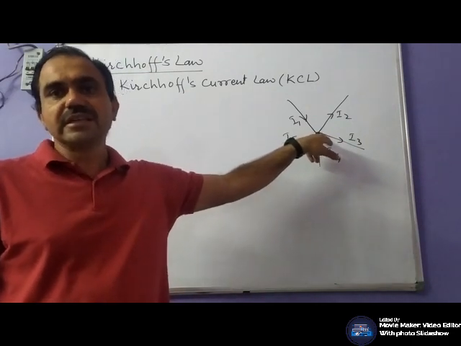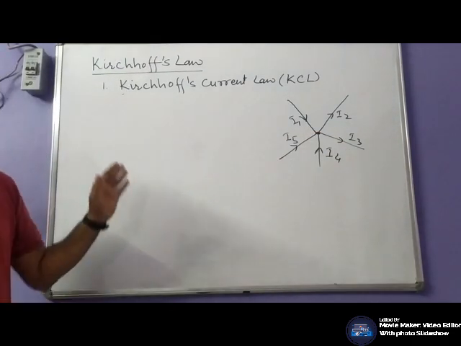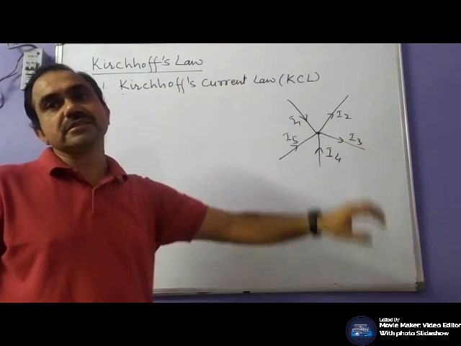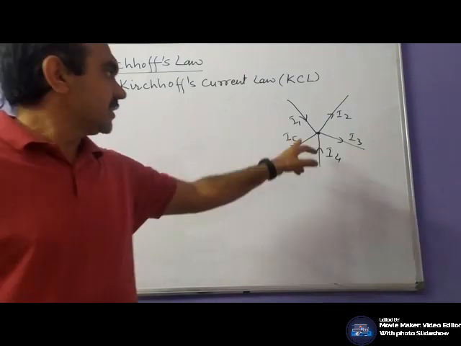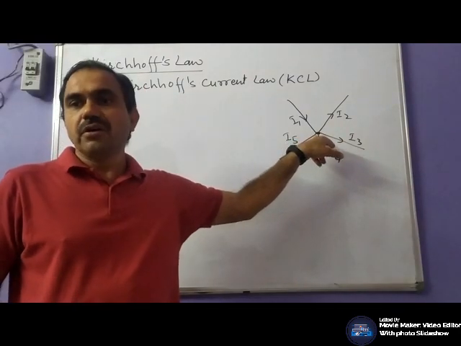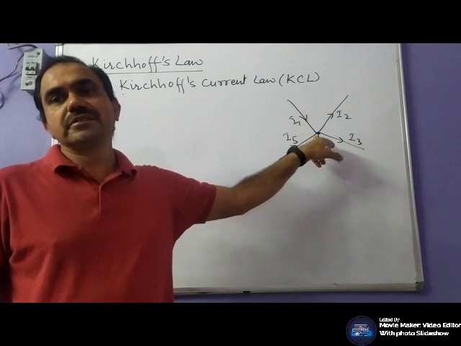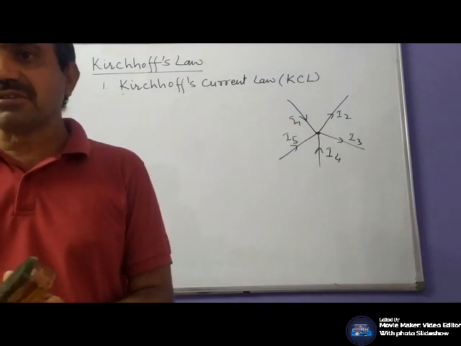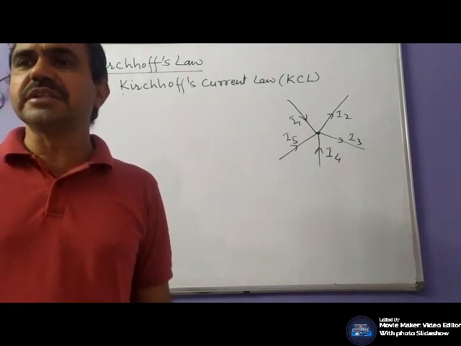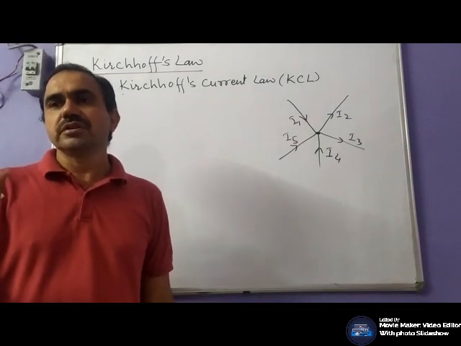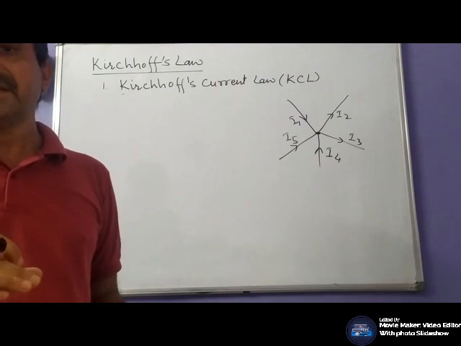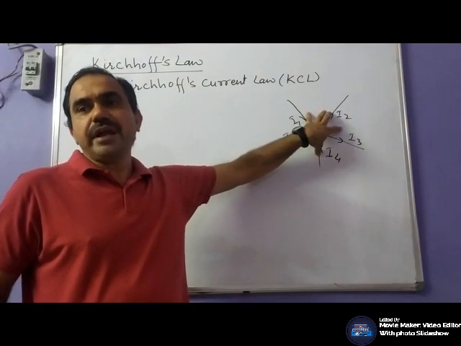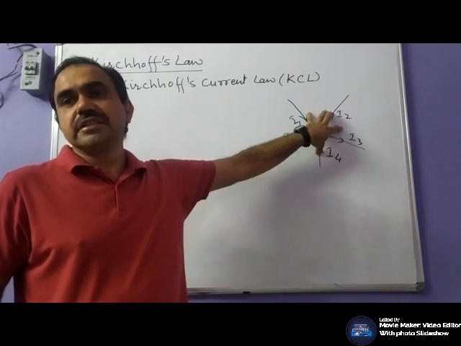So this law states that the algebraic sum of all the currents meeting at a point or junction is 0. Generally, when we give the statement we simply write sum of currents meeting at a point is 0. That is wrong. The algebraic sum of currents meeting at a point or at a junction is 0.